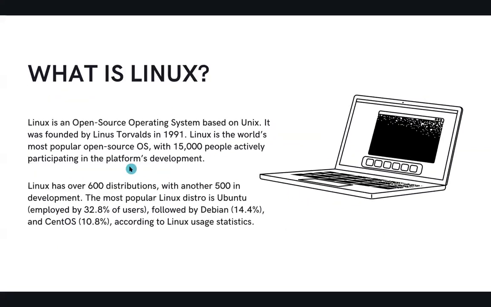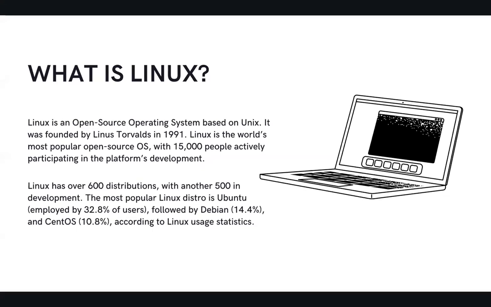So to start off, what is Linux exactly? In short, it is a free open source operating system based on Unix. Although it was originally founded by Linus Torvalds, since it's open sourced, currently more than 15,000 people actively participate in development.